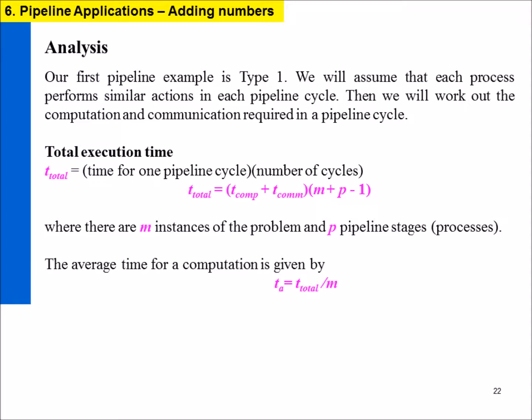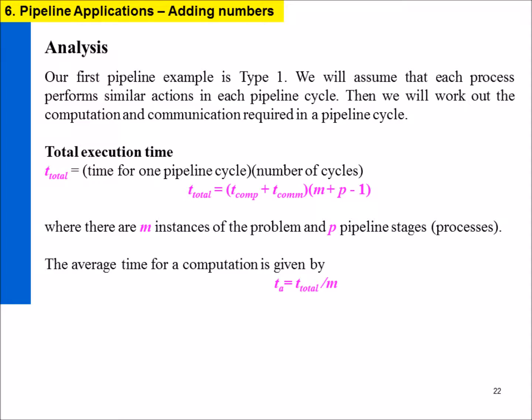That is, as shown in this pink equation, total equals time for one pipeline cycle times number of cycles. So T total equals (tcomp plus tcom) times (m plus p minus 1).